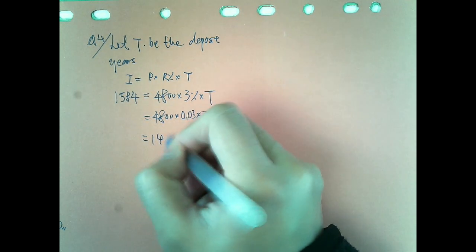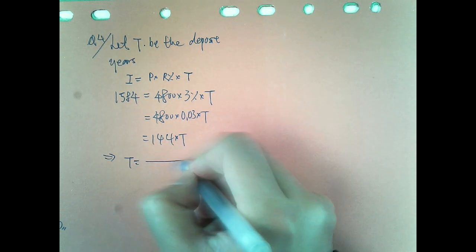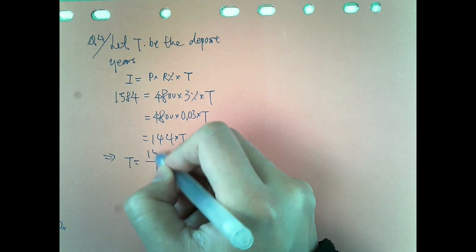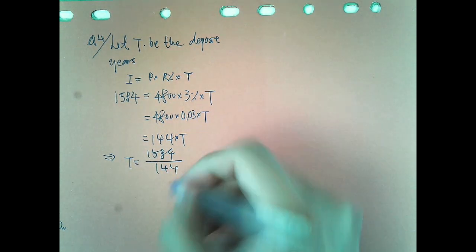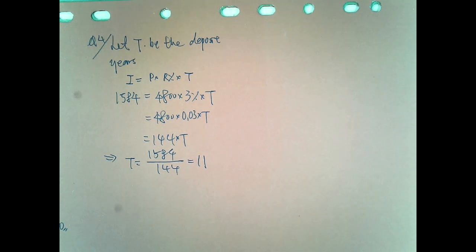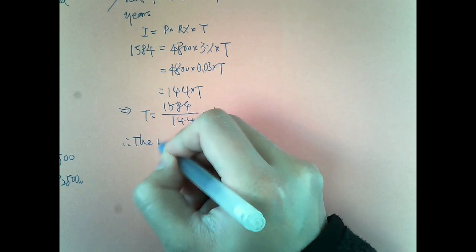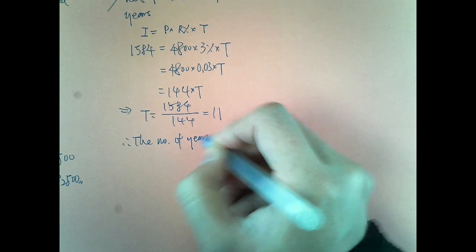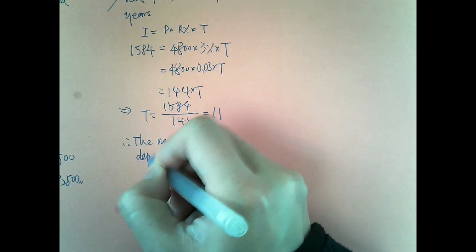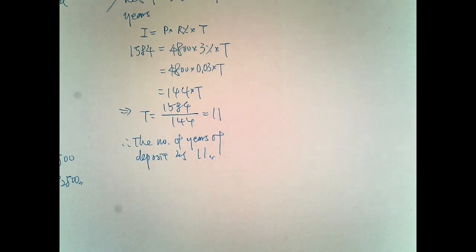This is 144 times T. So now you can divide both sides by 144. Okay, 11. That means 11 years. So the number of years of deposit is 11. 11 years, understand?